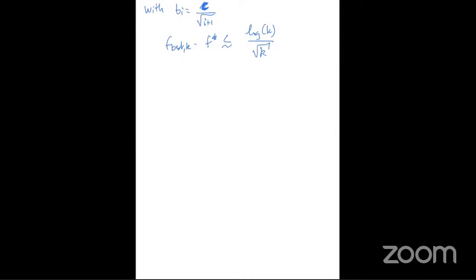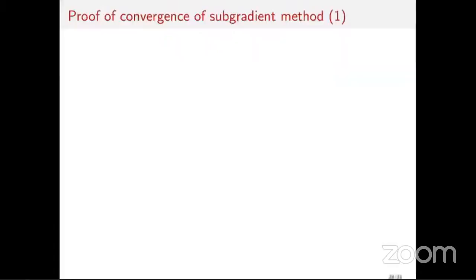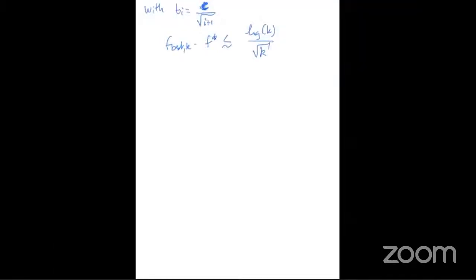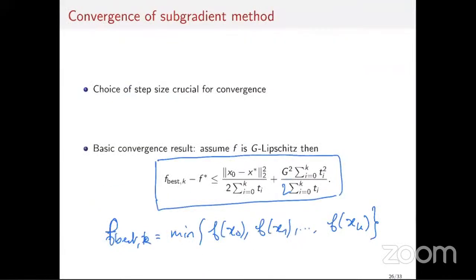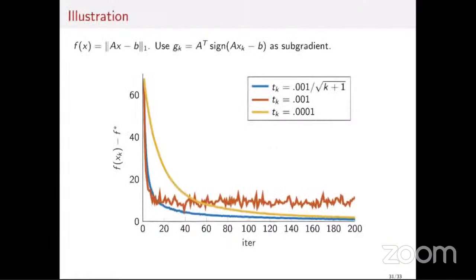What I would like to do now is to prove this main inequality, the one that you see in blue here. But first I will just illustrate the method on a simple example, because we have just discussed the choices of step sizes.